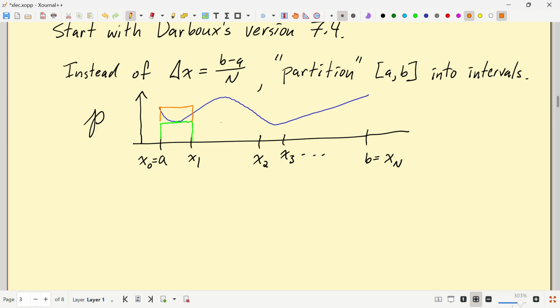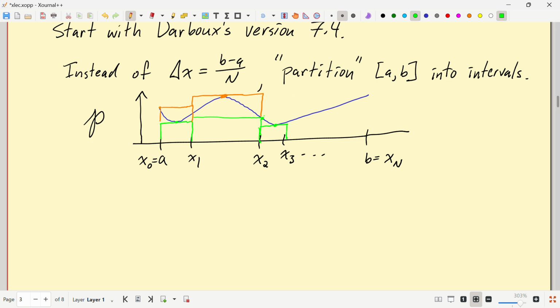On this one, oh, where's the inf? Looks like the inf is over here. But the sup on this one is right here. Etc. So here's the inf again, being a nice min.